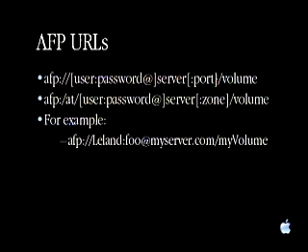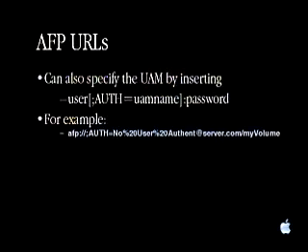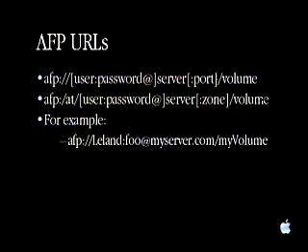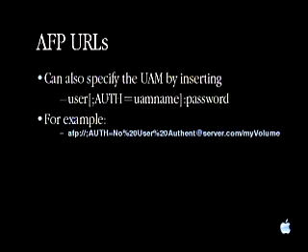And in the example here, I've got a username of Leland, password of foo at a specific server and a specific volume name. You can also, actually going back here, I forgot. You can also specify an AppleTalk one, although that's not very useful right now. But you can do it, and that's pretty much the format, same stuff.